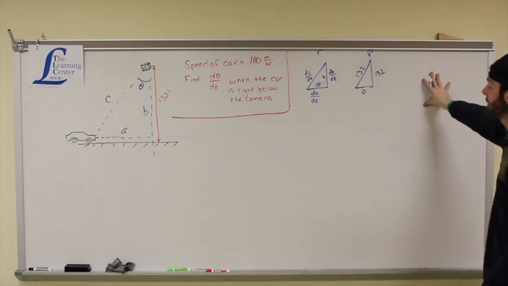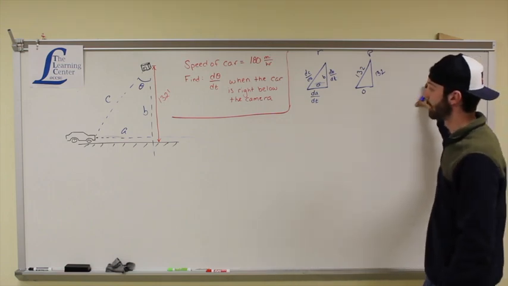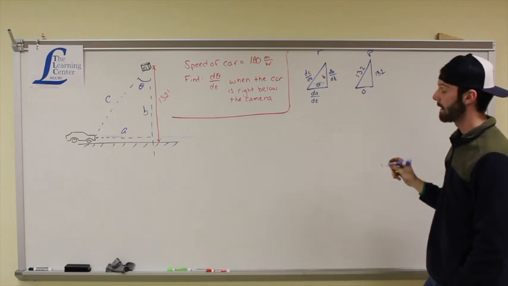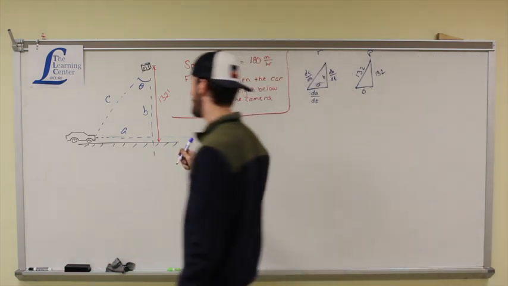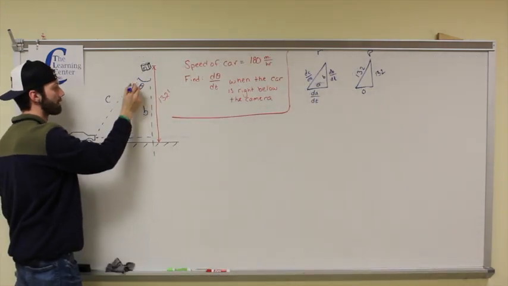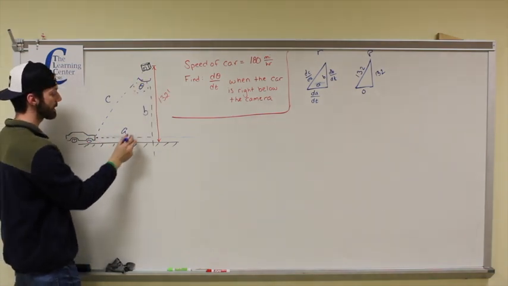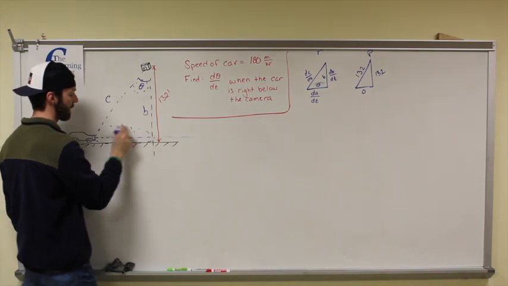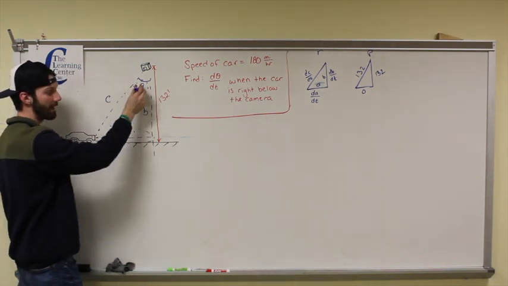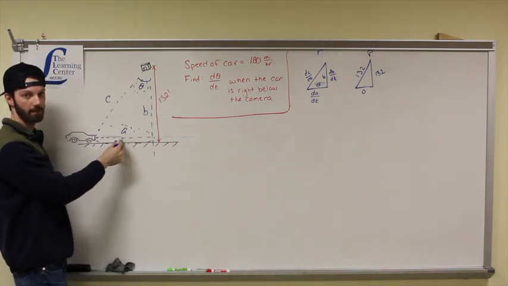Now we have to find a function for theta that relates what we know and what we want to know. We want to know the rate of theta, and what we know is a lot of stuff happening down here. So I need something to relate an angle and an opposite leg. What do I know?